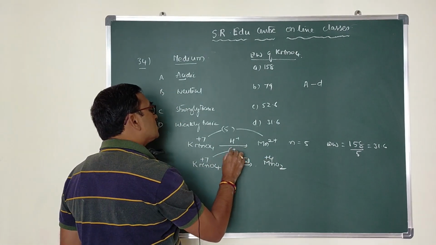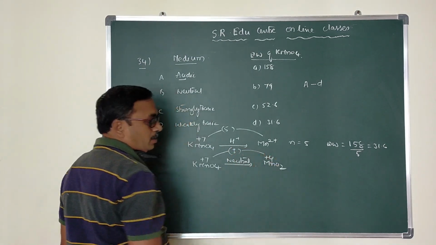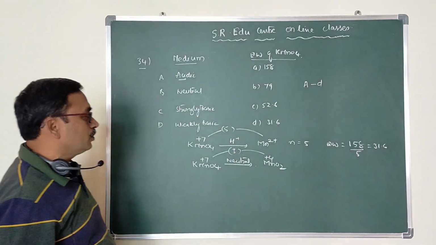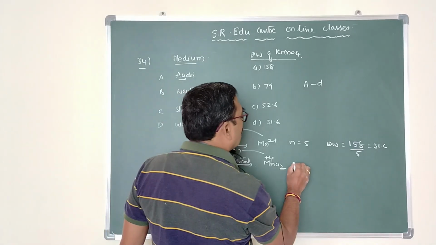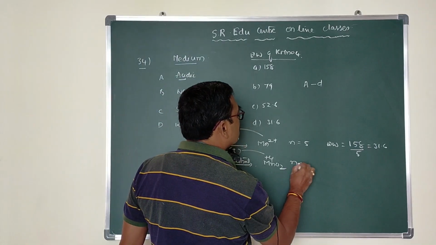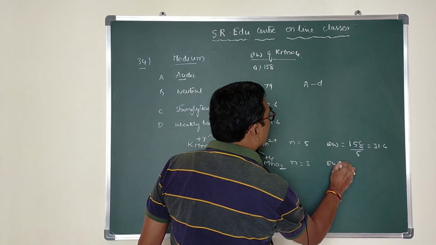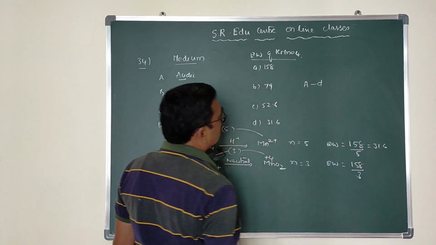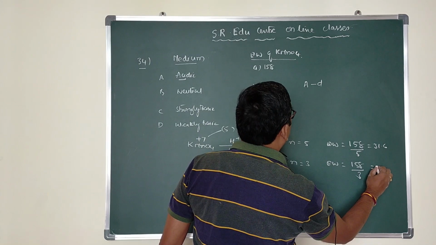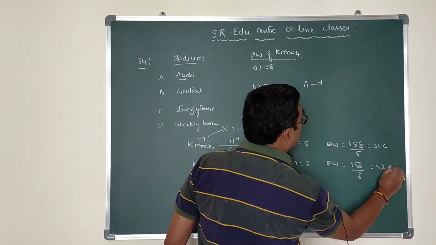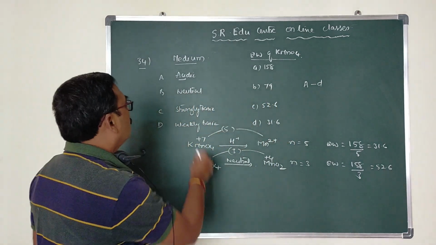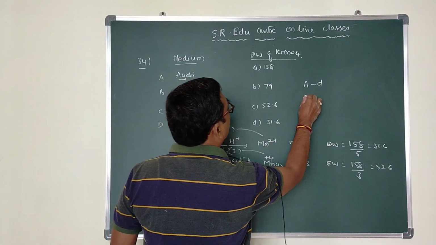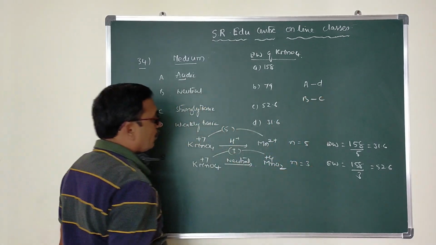Change in oxidation state per atom is 3, per molecule also 3. Therefore the n factor is 3. Equivalent weight is equal to 158 by 3, which on simplification gives 52.6. So neutral medium, that is B, matches with C.